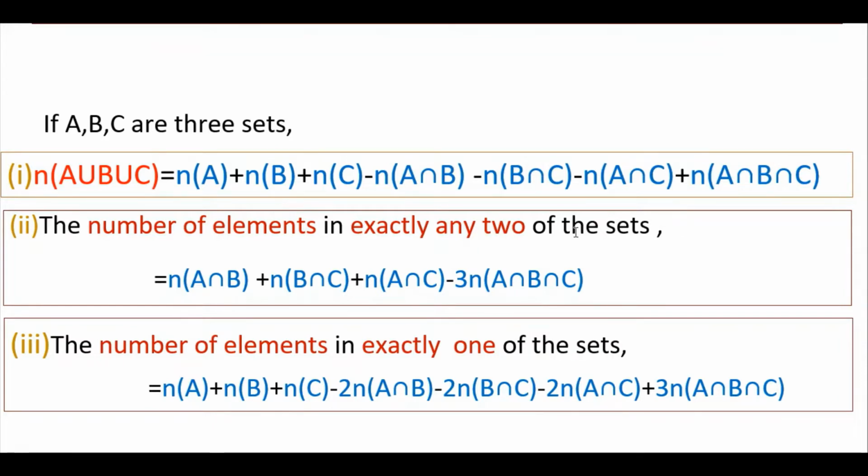So that means exactly any two of the sets, you have to use this one. And the number of elements in exactly one of the sets, that means exactly one language. So similar to that, you have to use this one. Please remember all these three, how to find these values.